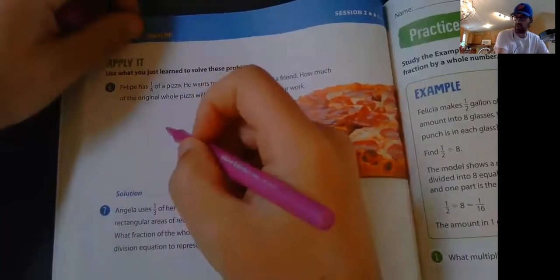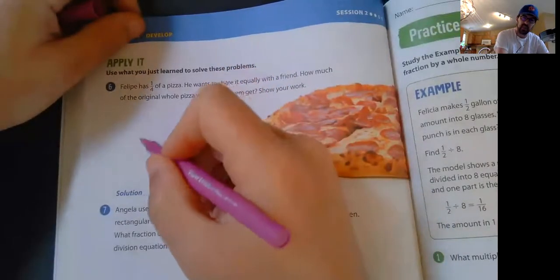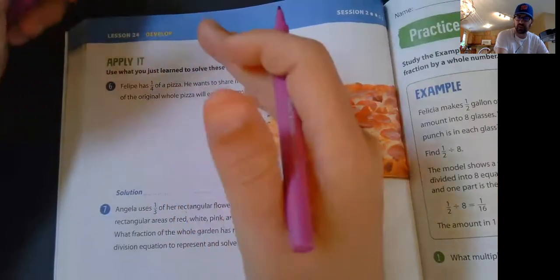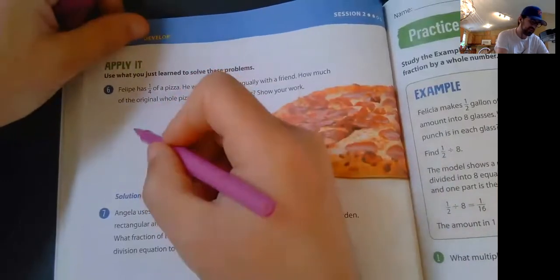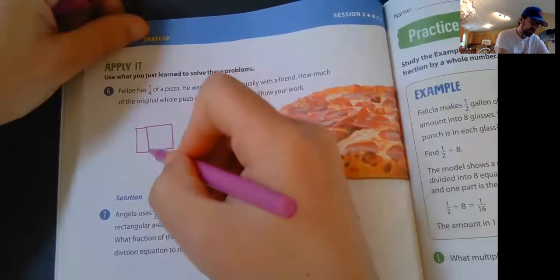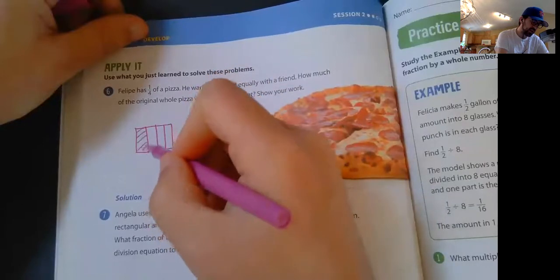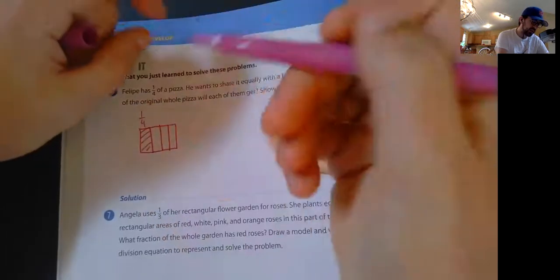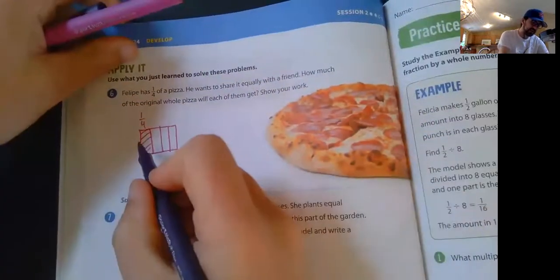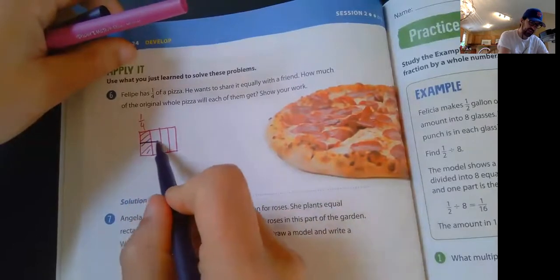Now, you might be tempted to draw the pizza as a circle, which you could do. I don't recommend it because I think it's easier to just show 1/4 this way, right? We're going to divide this amongst two people, so it means we're going to divide this in half.